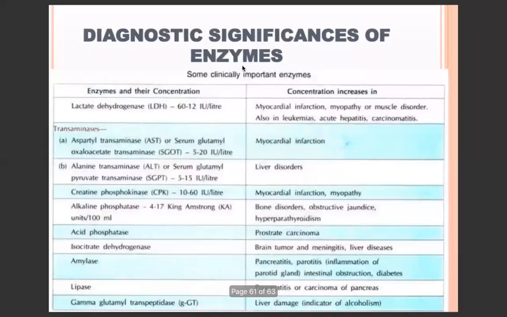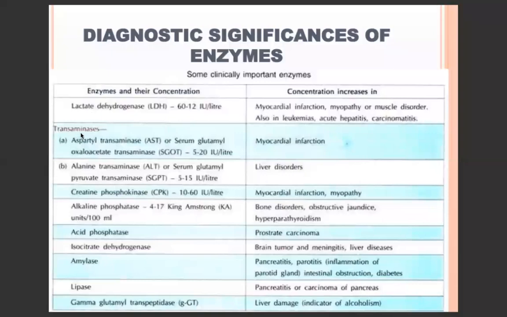Now, the diagnostic significance of enzymes. Lactate dehydrogenase enzyme is further classified into various types: lactate dehydrogenase 1, 2, 3, 4, and 5. You have to remember in which diseases it increases, like myocardial infarction, myopathy, and muscle disorders, also in leukemias, acute hepatitis, and carcinomatosis.